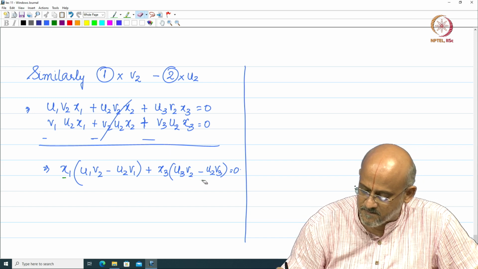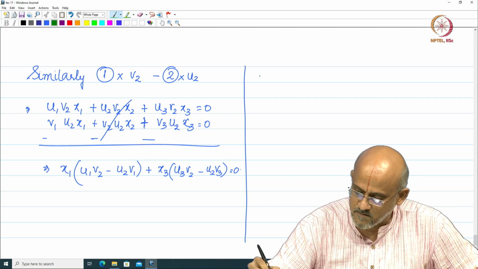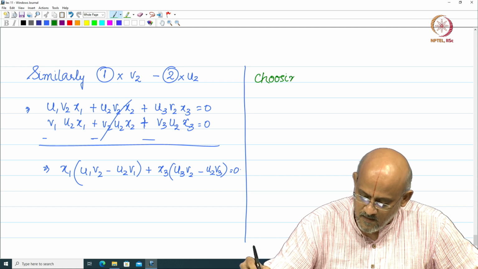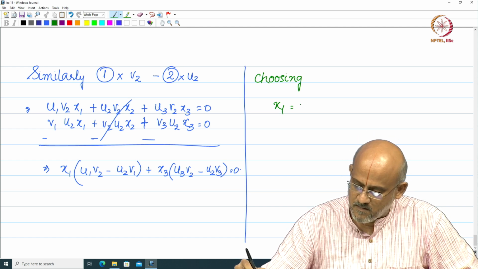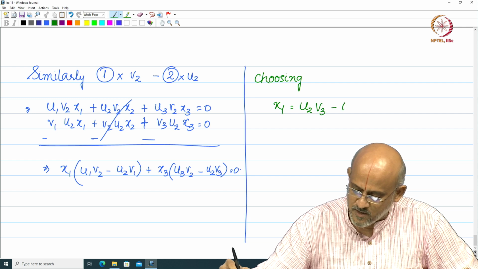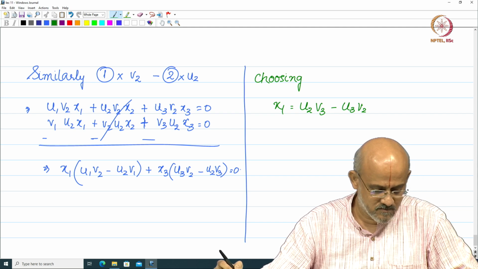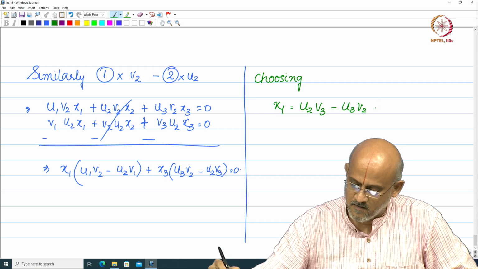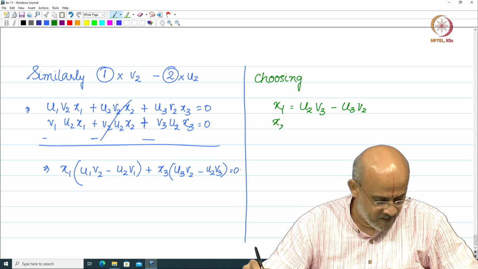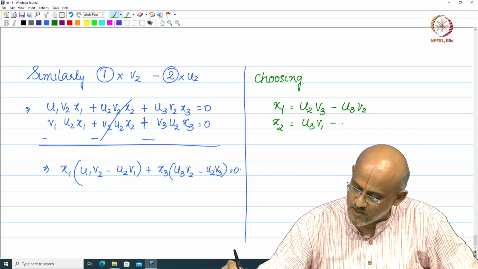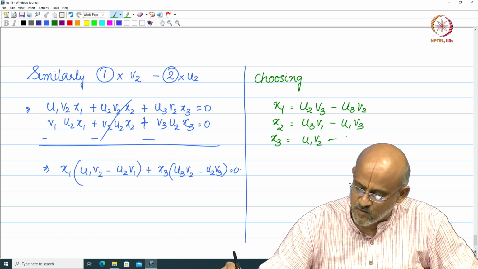We are going to do the same thing here. So, choosing x1 is equal to U2 V3 minus U3 V2, x2 is equal to U3 V1 minus U1 V3 and x3 is equal to U1 V2 minus U2 V1.